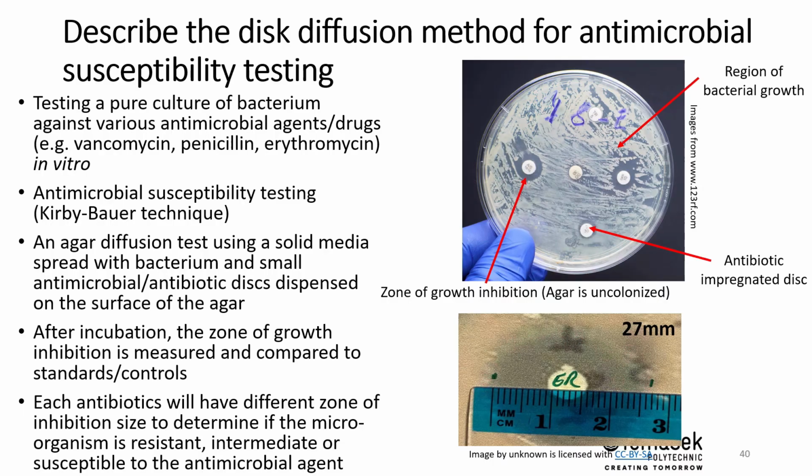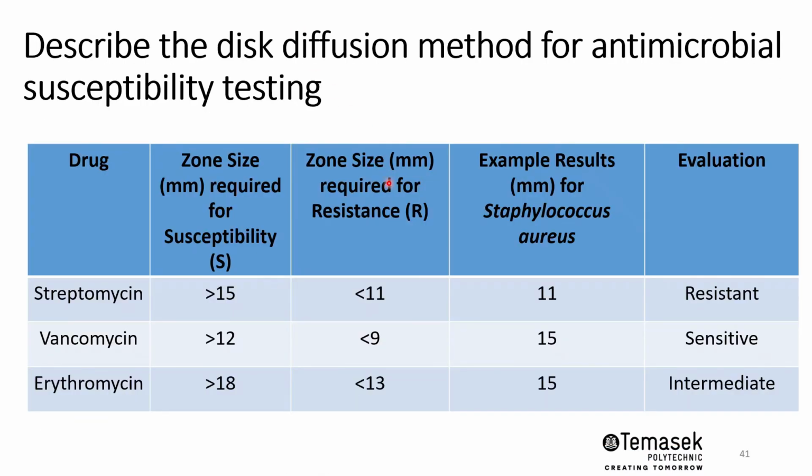So as mentioned earlier, after measuring the zone of clearance or the inhibition, you can compare it to controls or standards to determine if the zone size corresponds to a drug susceptibility towards the antibiotics or a resistance towards the drug. Here I'm showing a table for an example result for Staphylococcus aureus, which is a skin commensal bacteria.